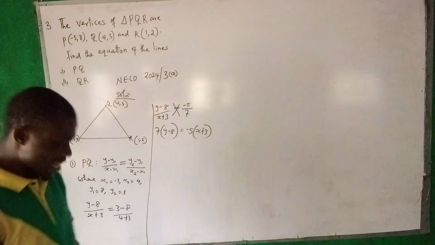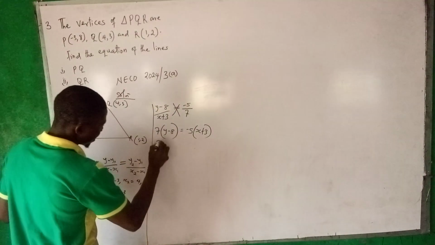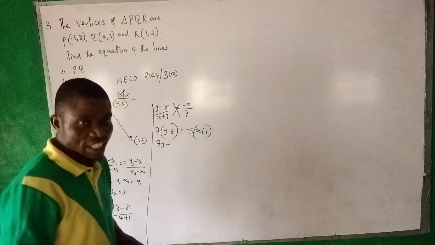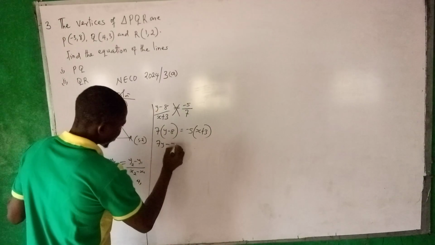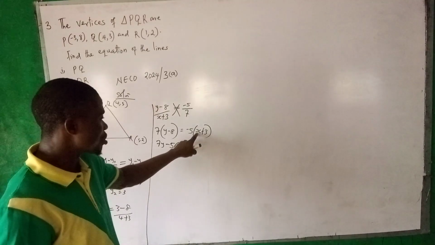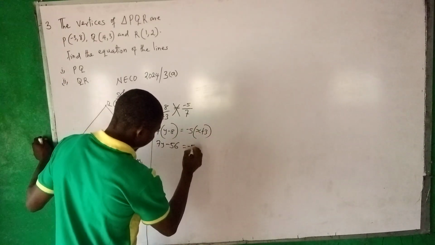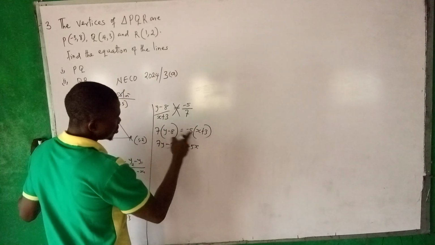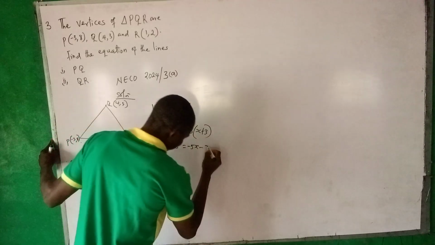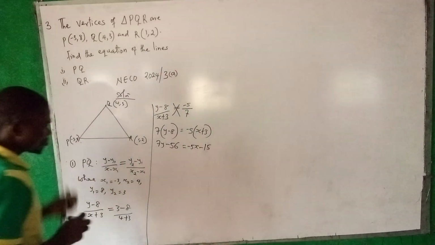Now expand the bracket. 7 times y is 7y, minus 7 times 8 is 56, equal to -5 times x, which is -5x, and minus 5 times plus 3, which is -15.